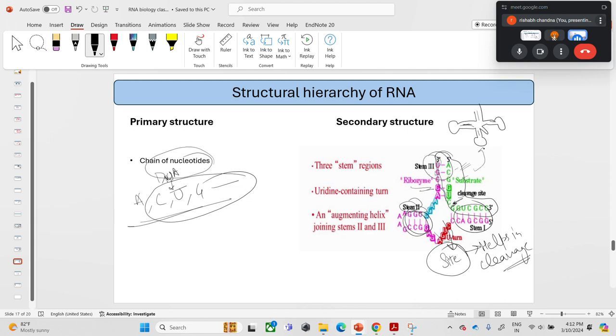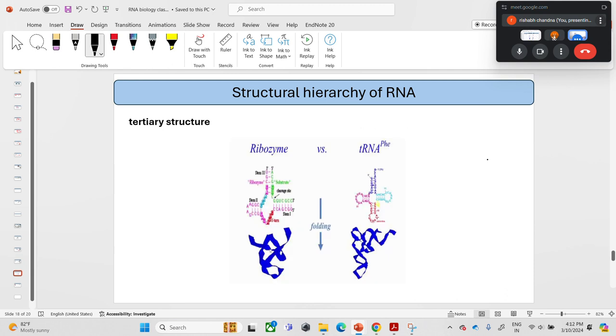Okay, so this is how the secondary structure of that particular RNA is formed. This is similar to what we study in tRNA. As I said, this is the secondary structure of the tRNA, and this is the secondary structure of the hypothesized ribosome. And when it folds upon itself, it forms a tertiary structure.